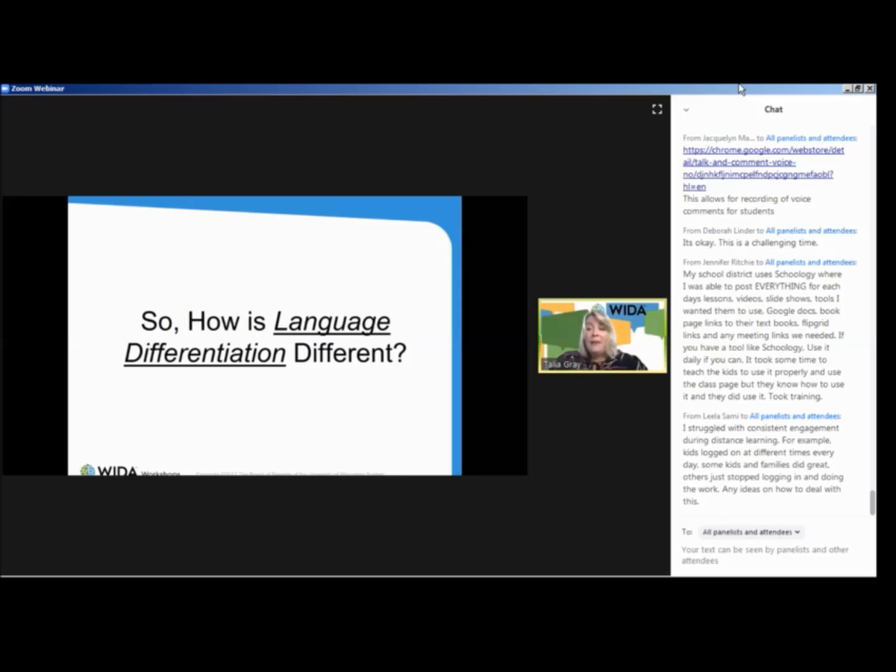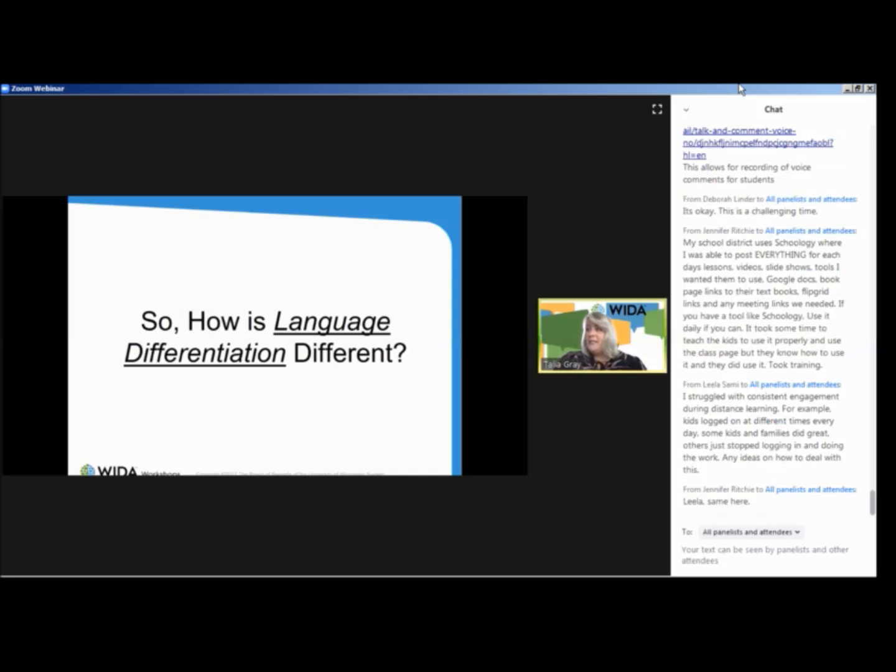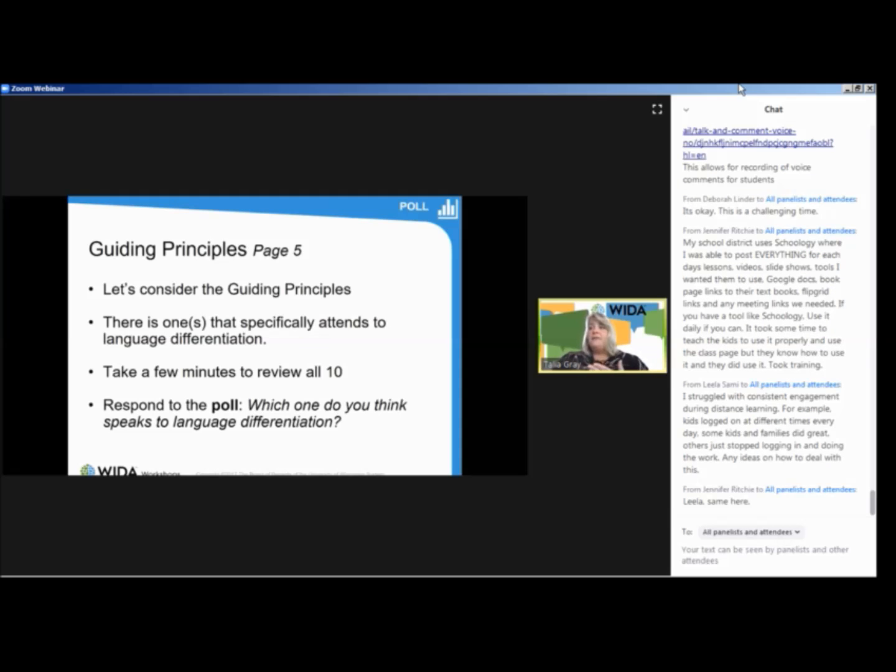Okay, so I am going to move on. The next thing we're going to talk about is WIDA's guiding principles. If you will look on page 5 of your participant guide, I want you to consider WIDA's guiding principles. Now, there's one of these that specifically attends to language differentiation.